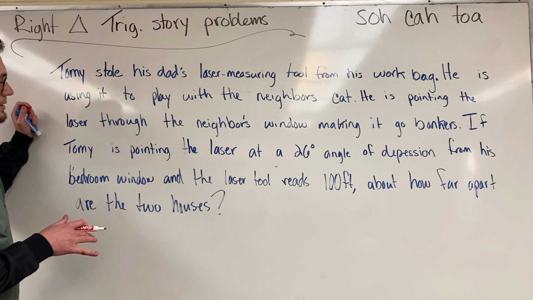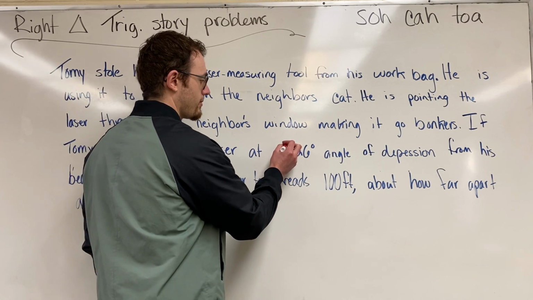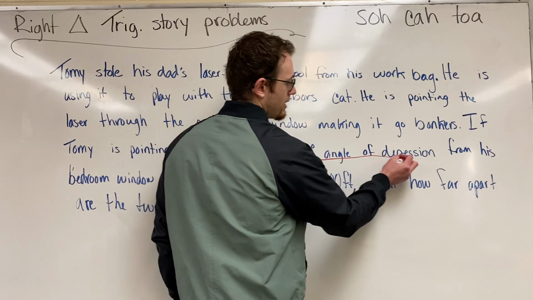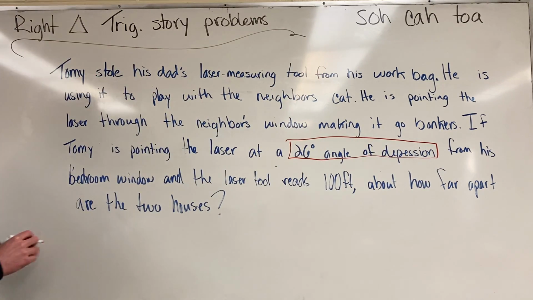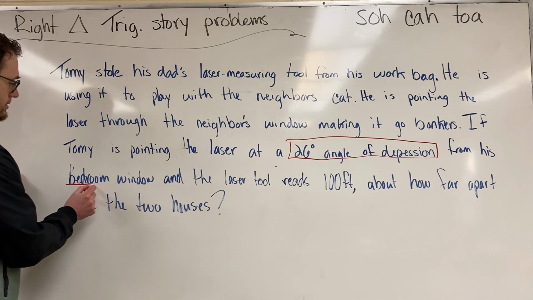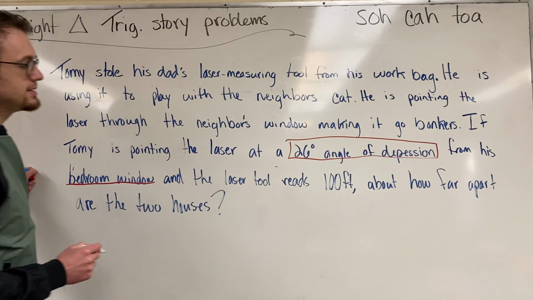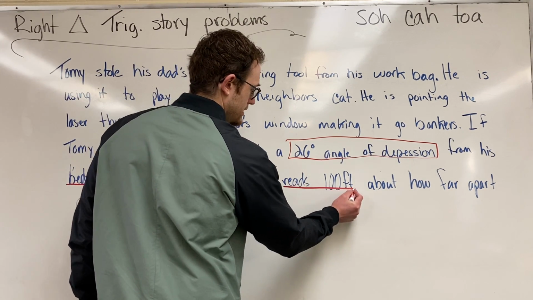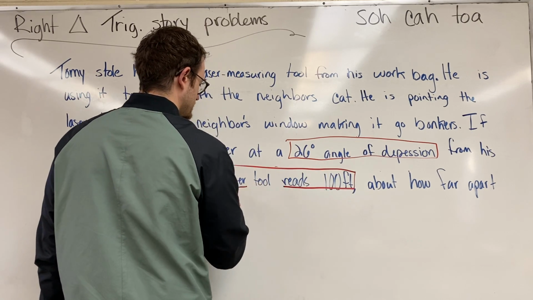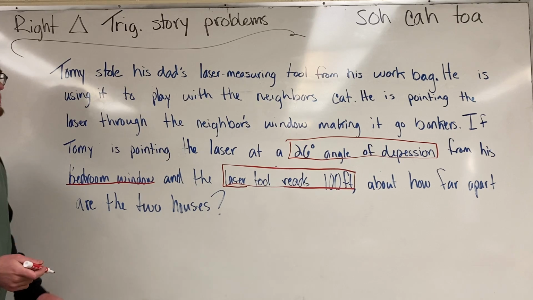If Tommy is pointing the laser at a 26-degree angle of depression from his bedroom window, this might be important too, bedroom window, and the laser reads 100 feet, about how far are the two houses apart?